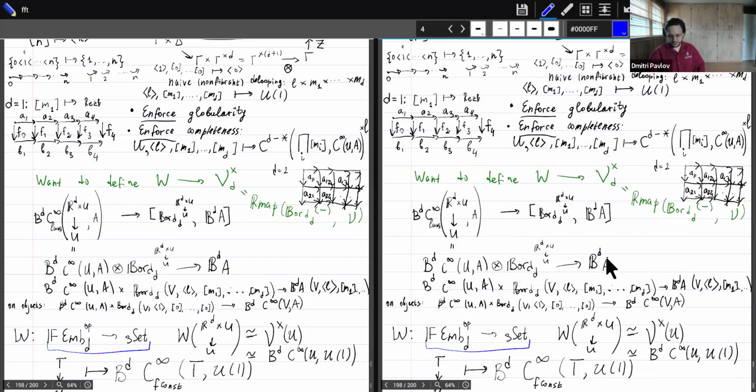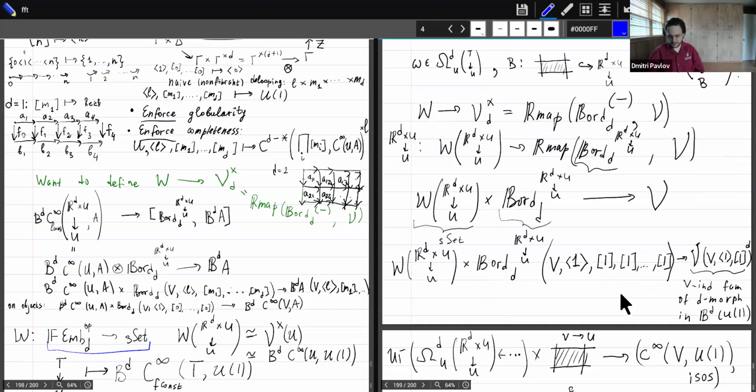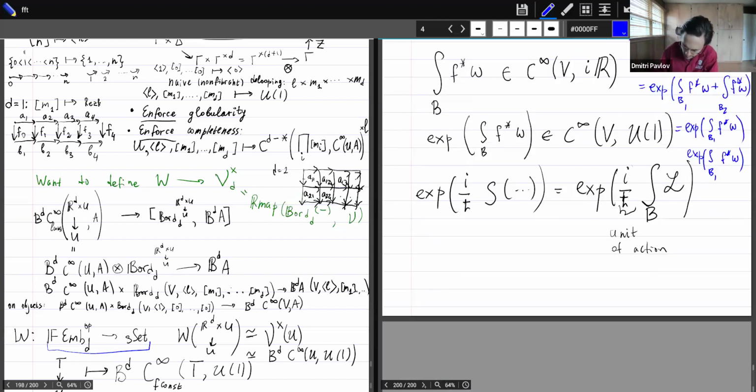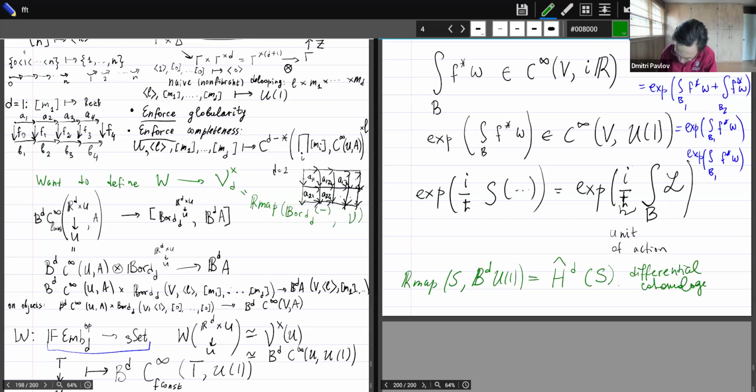You can rightfully refer to the derived mapping space, let's say BDU1, as the differential cohomology of S. This is differential cohomology by definition, more or less, yeah.